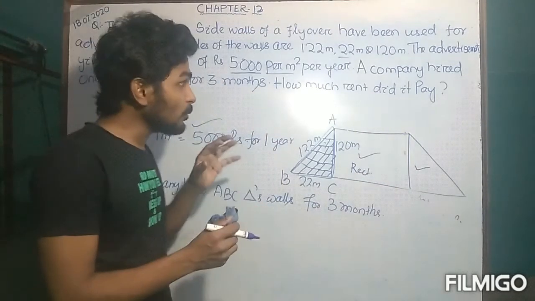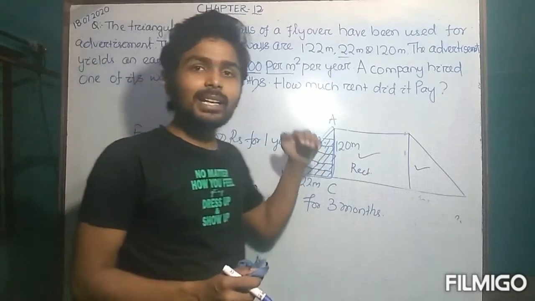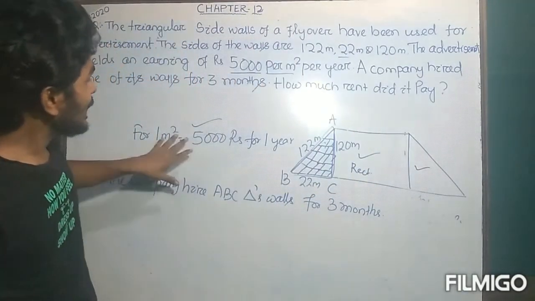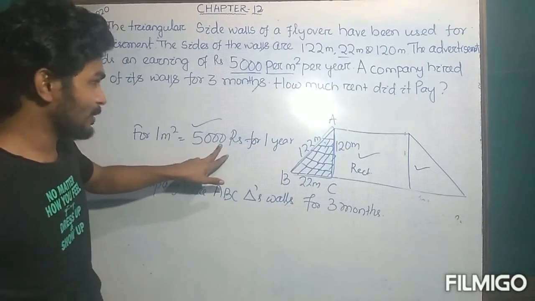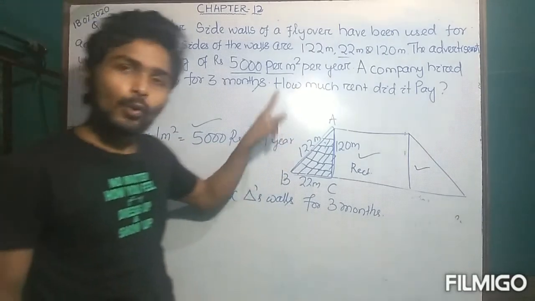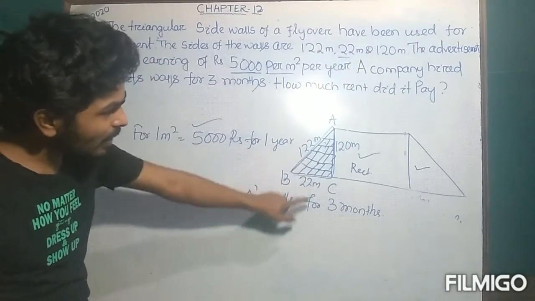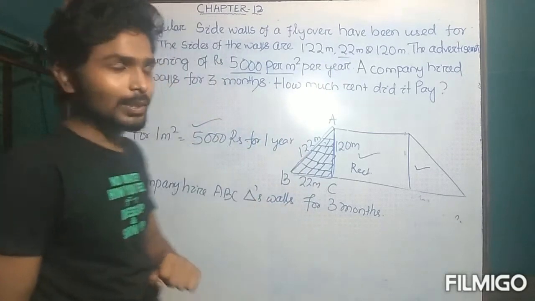So first we have to find how much money he has to pay. Clear? Now it is given that he has to pay 5,000 rupees for 1 year. But here the company uses this wall for 3 months.